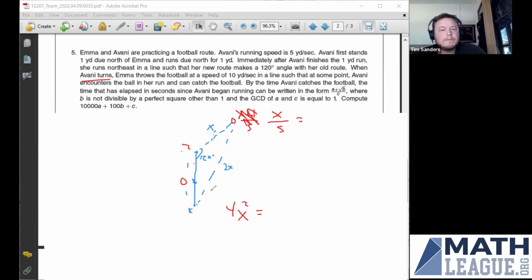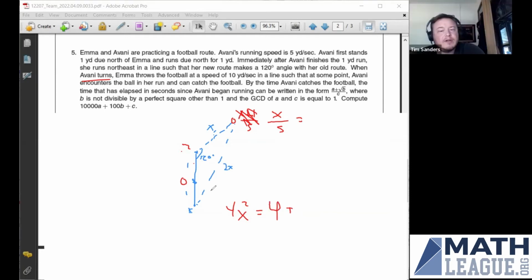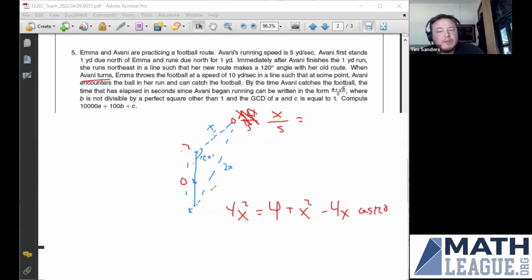Talk me through this. I think it's 4 plus x squared minus 2 times 2 times x cosine 120, so 4 plus x squared minus 4x cosine 120.